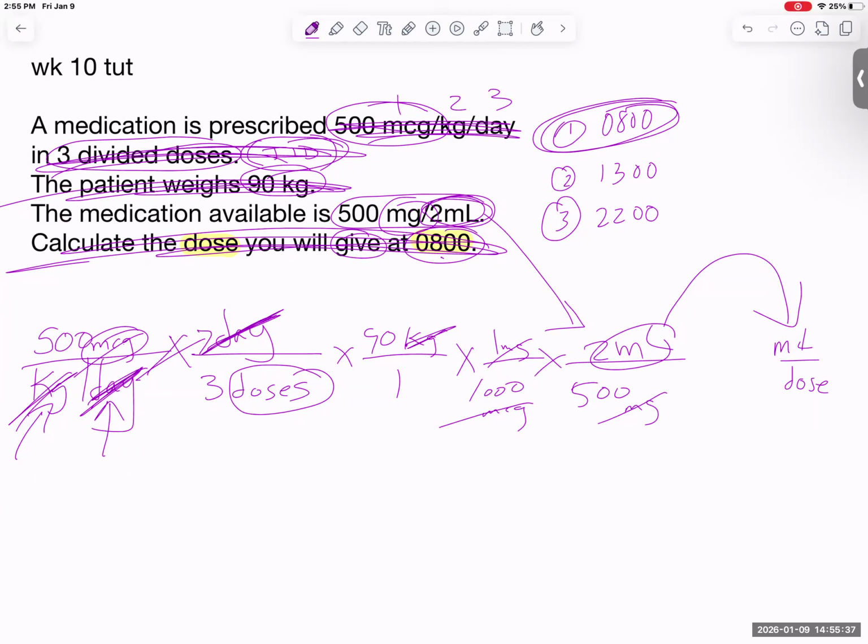That can't be right. 500 times 90 times 2 is, oh, it is right. I'm going to put it down here so I can see it. 90,000. And then 3 times 1,000 times 500 is 1,500,000. So now I divide.